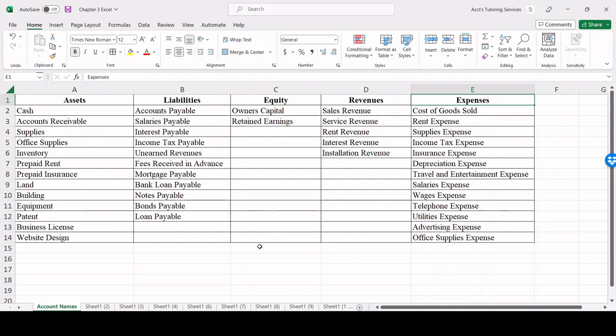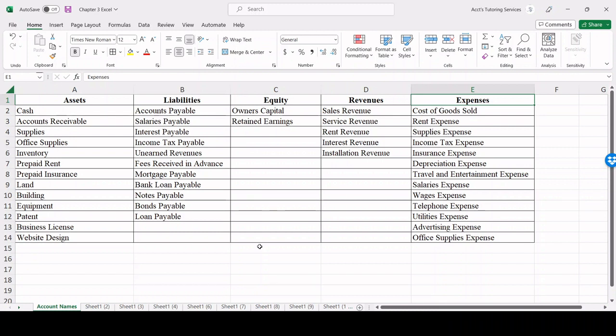In chapter 2, we talked about each transaction in the context of these 5 elements. However, in this chapter, we're going to do transactions again, but we're going to actually put them into the actual accounts that they belong in within these 5 elements. And this is what accounting is all about.